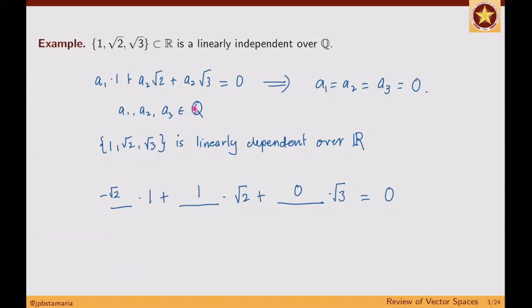So, ito yung sinasabi ko. Yung linear independence ay depende doon sa field na pinag-uusapan or yung field of scalars. Did you understand me? Kanina independent sila pero ngayon over the new field hindi na sila independent. Dependent na actually. Right? Okay.